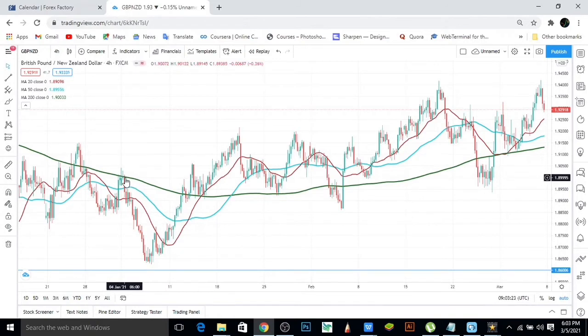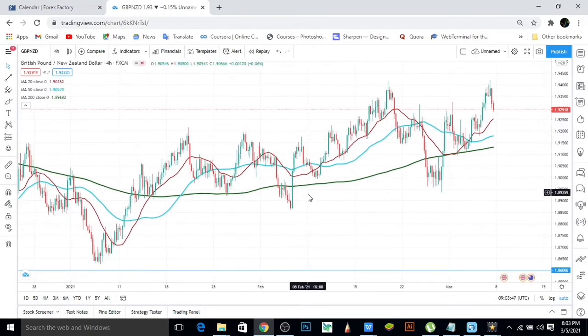When the candles are below your 200 moving average, you are in a downtrend, right? When the candles are above your 200 moving average, you are in an uptrend.